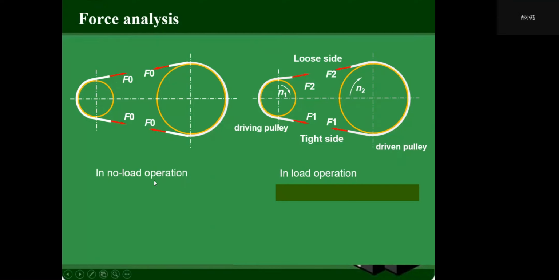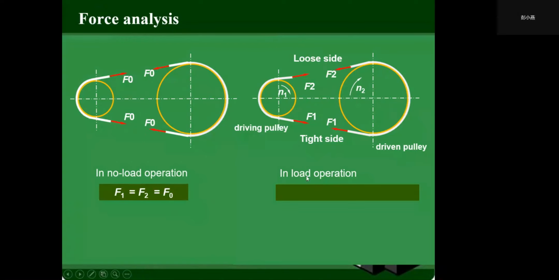Without load operation, the tensile force on the belt is F0. So we have F1 on this side equal to F2 equal to F0.